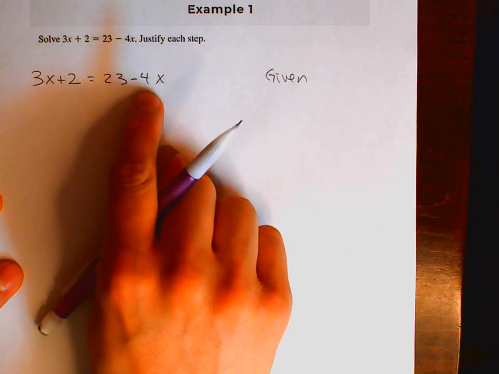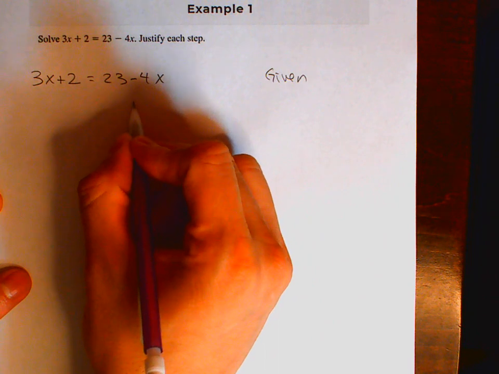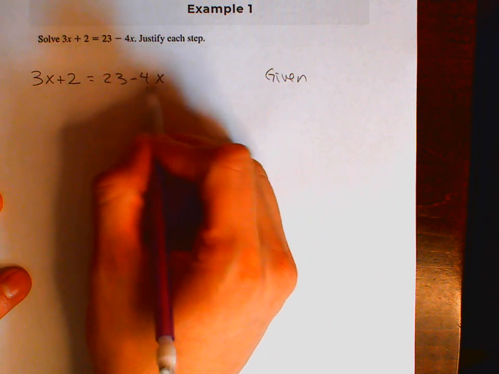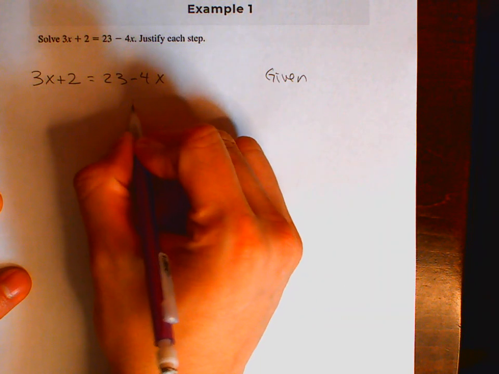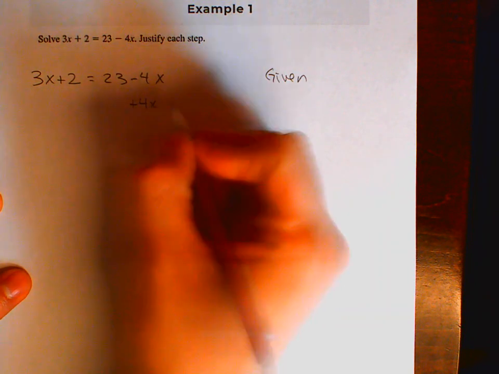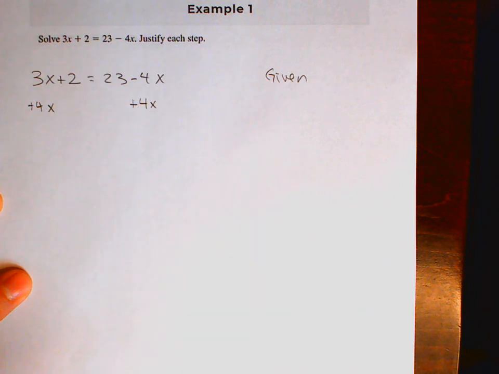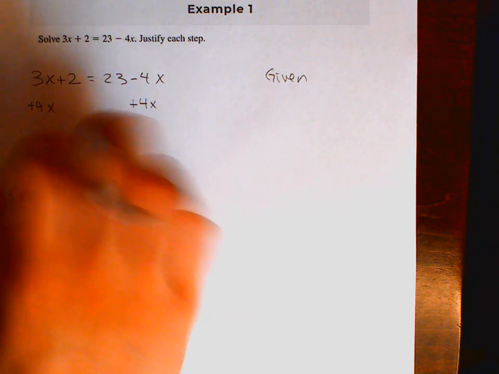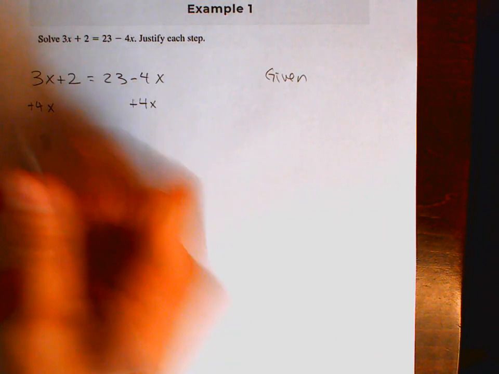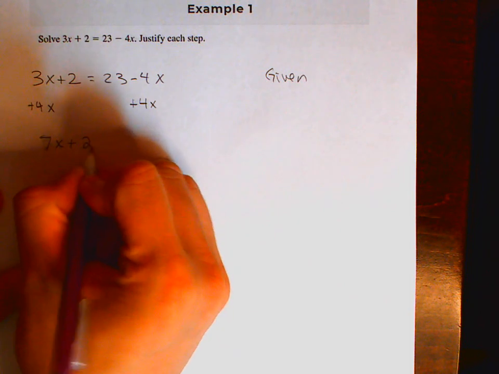Not variable, coefficient. So I am going to add 4x to both sides. When I simplify this, I'm going to get 7x plus 2 equal to 23.